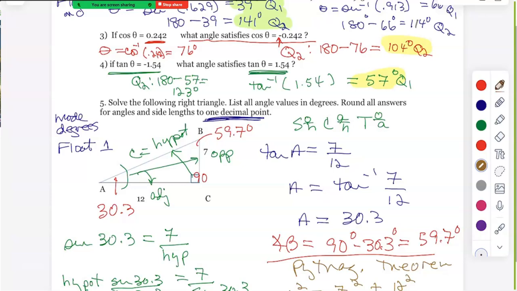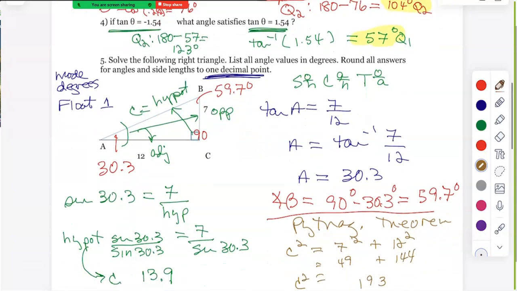That is 49 plus 144. I add those together and I get 193. That's C squared. So C equals radical 193, but you can't leave it like that because I said I wanted my answer to the nearest tenth.